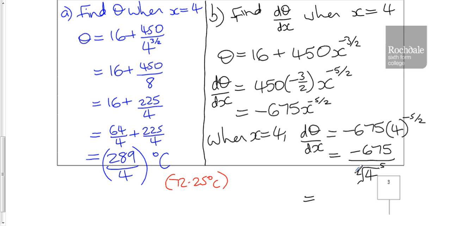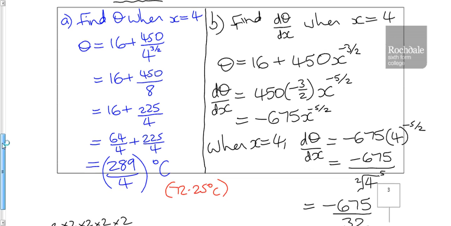So we need to do the square root of 4, which is 2, and then raise it to the power 5. So 2 times 2 times 2 times 2 times 2, that's 2 to the power 5, which is 2 times 2 is 4, times 2 is 8, times 2 is 16, so 32 in the denominator. So it's minus 675 over 32. And that is the rate of change of the temperature when x is 4.